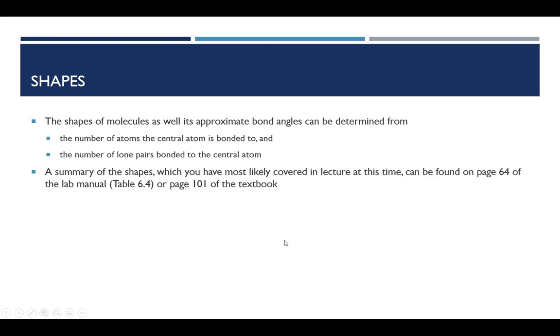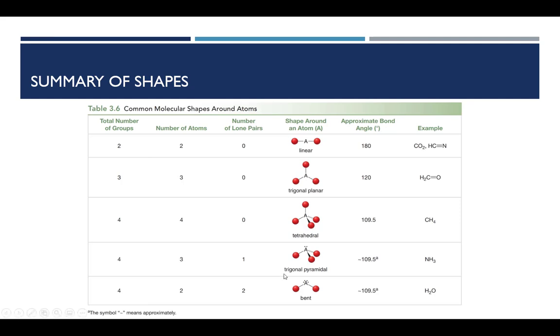I'm going to show you right now page 101 of the textbook, which accidentally leaves out a shape, but it won't be important for today. So total number of electron pair groups is just the sum of these columns here. So number of atoms the central atom is bonded to, number of lone pairs: 2 plus 0 adds up to 2. Go down to here, 3 plus 1 adds up to 4. So that's the total number of groups.